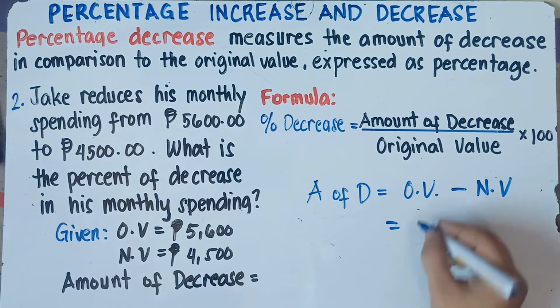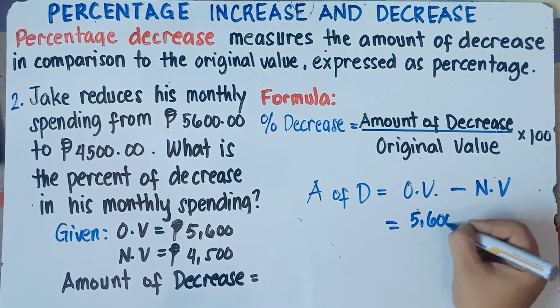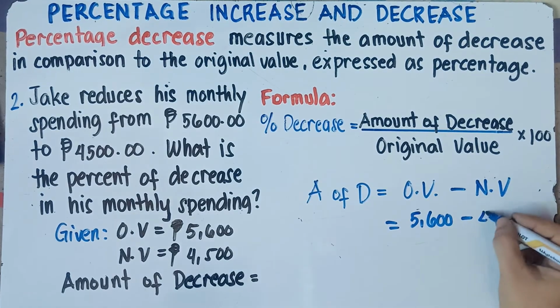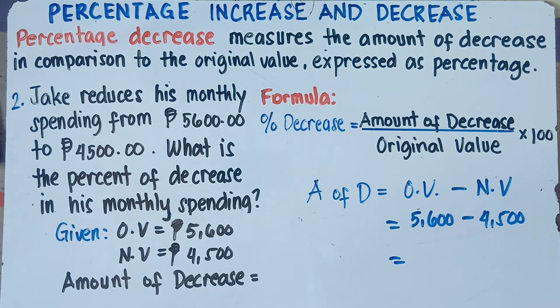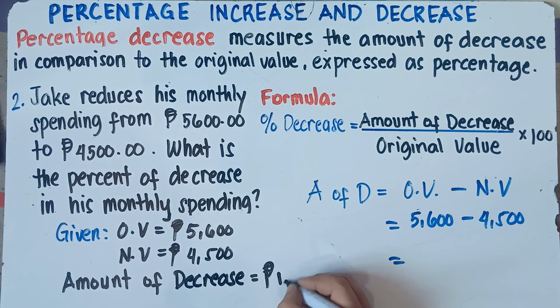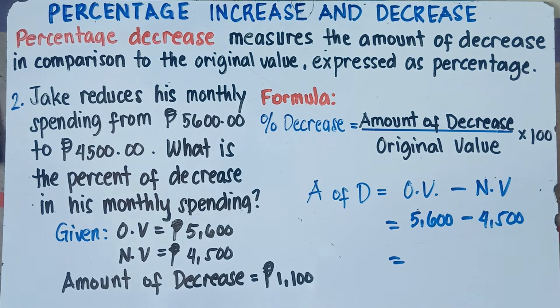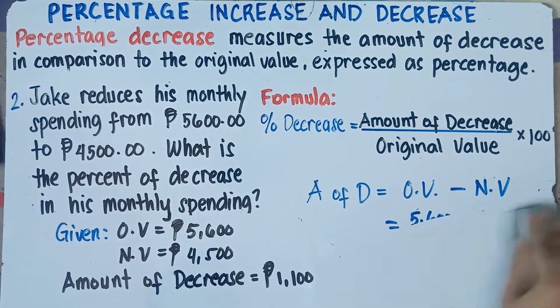So, original value, that's 5,600, minus the new value, that's 4,500. What's the answer, class? 5,600 minus 4,500. That's correct. That would be 1,100 pesos. So 1,100 pesos is the amount of decrease.